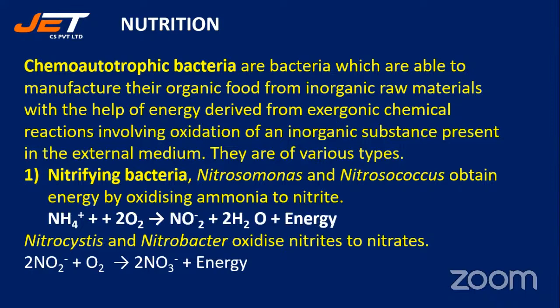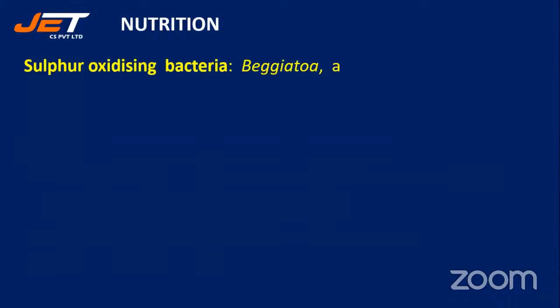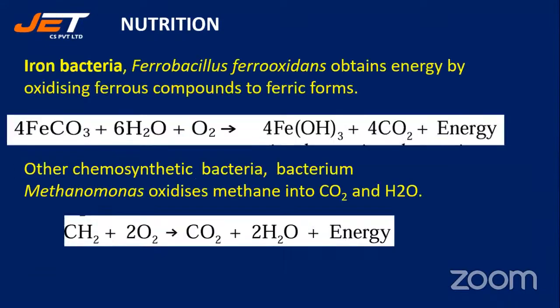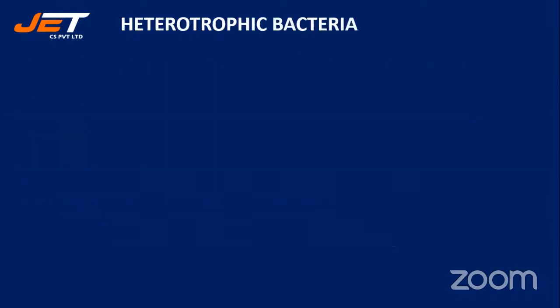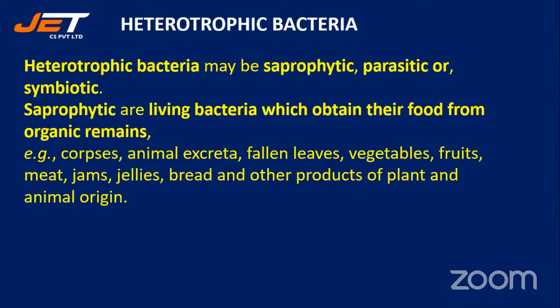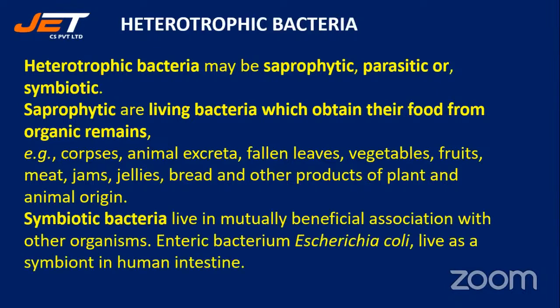So they are not performing photosynthesis, they are doing certain reactions which produce energy, and this energy converts the inorganic raw material to organic material. That is why they need this energy very much. Apart from this, Methanomonas oxidizes methane into carbon dioxide and energy. These are important reactions that you have to remember.